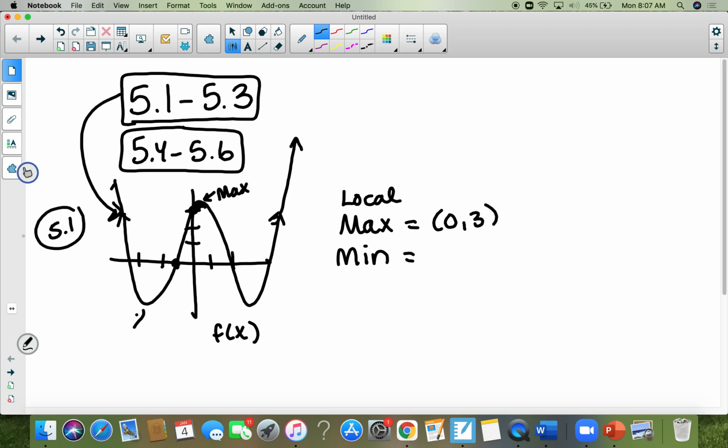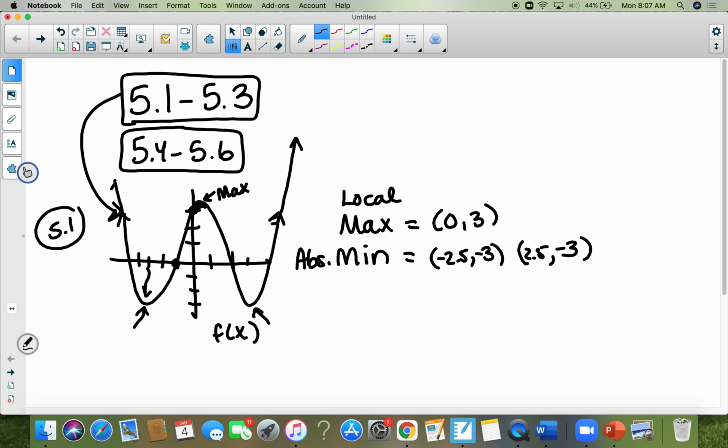You have two absolute mins right here, because that's the lowest they can go. Absolute min, again, I kind of drew this 1, 2. It looks like about a negative 2.5, and this looks like a positive 2.5, comma, let's make this about a negative 3.